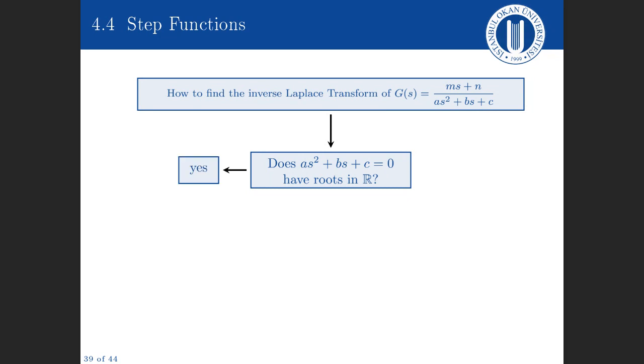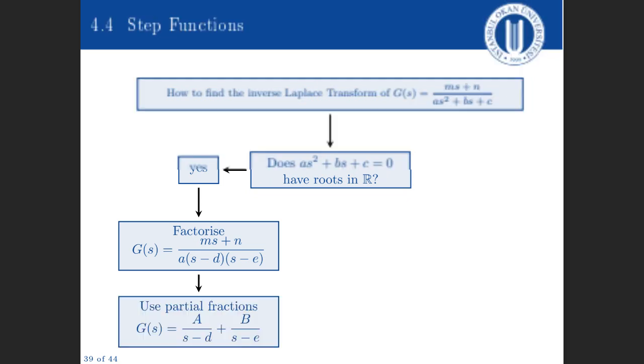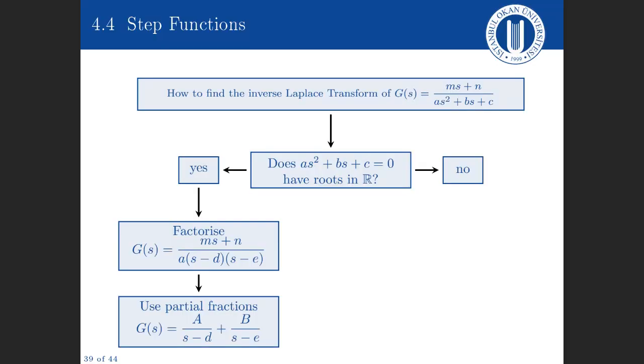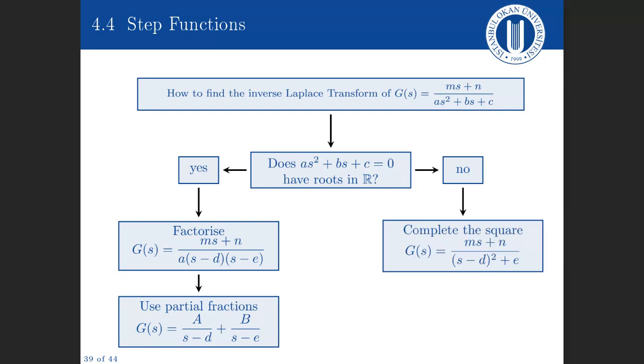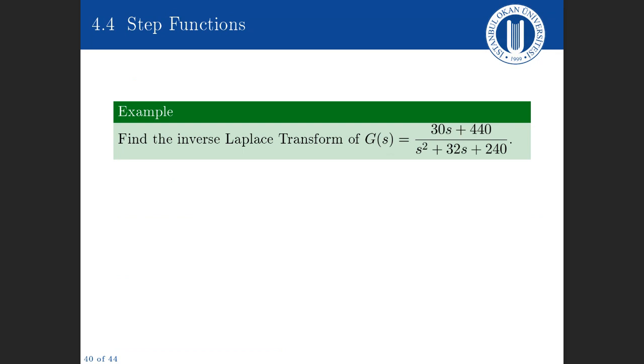If the answer is yes, then we factorize it, and then we use partial fractions. If the answer is no, then the technique we want to use is to complete the square, and then we want to use this shifting formula.